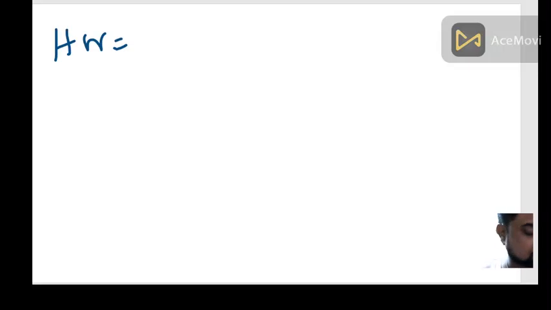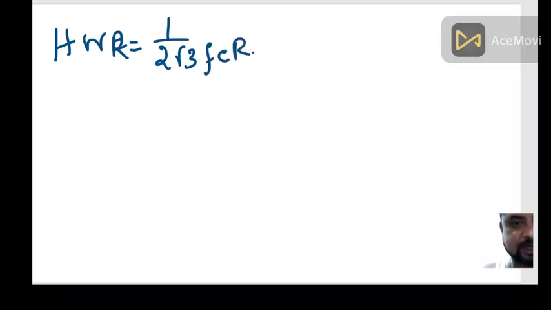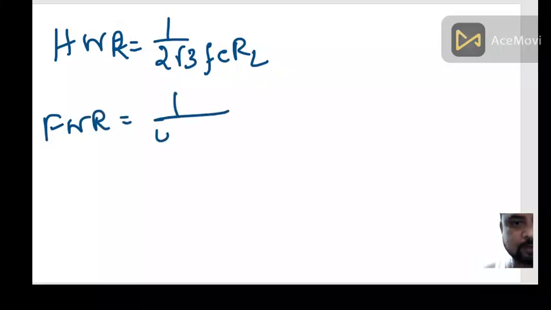Now one important factor is this: for half wave rectifier, you can comment in the comment section for detailed derivation. I can show that derivation. Because of time constraints, I am using the direct results. For half wave rectifier, this is 1 by 2 root 3 FCRL, and for full wave rectifier, this is 1 by 4 root 3 FCRL.